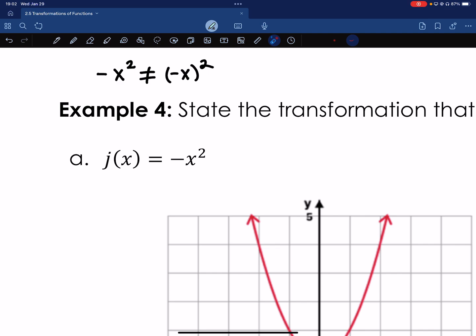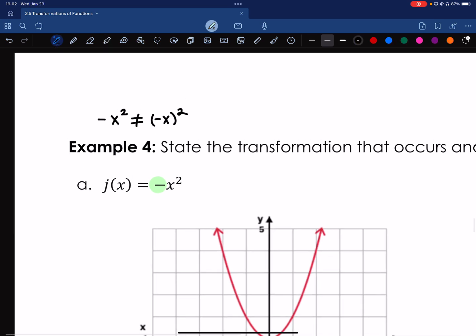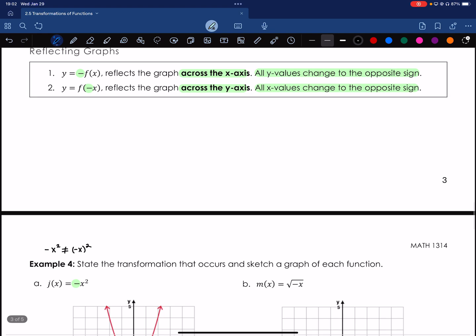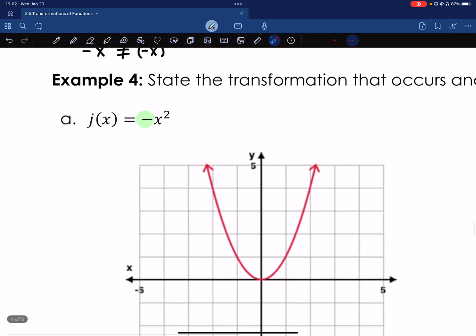So in this case, we have it on the outside of the function. And since it's on the outside of the function, if we look back up here, the outside of the function deals with it crossing the x-axis. Okay, so this is a reflection over the x-axis.